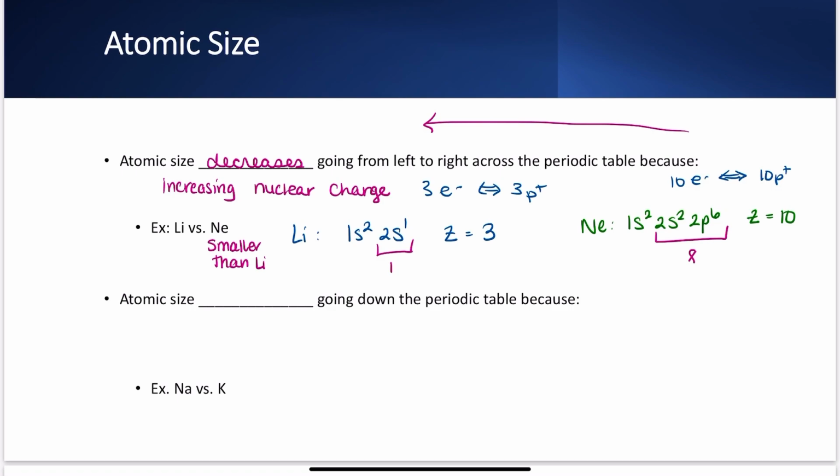On the flip side of that, atomic size increases going down the periodic table because the outermost electrons are in a higher shell.